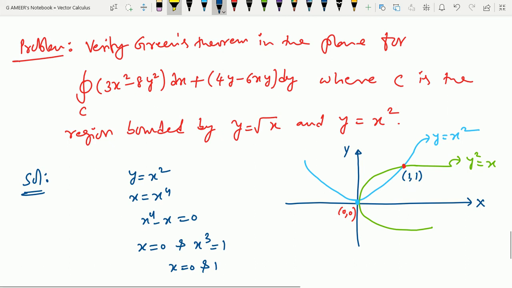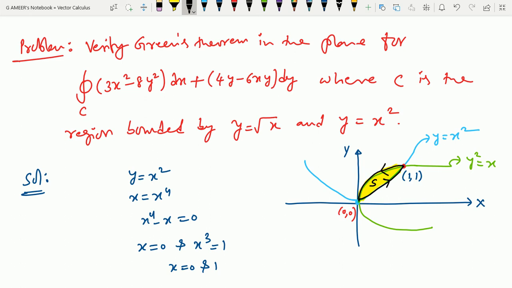And they are asking for this region. So our curve will be this. We will go like this, then we will come back like this. So this is our curve.